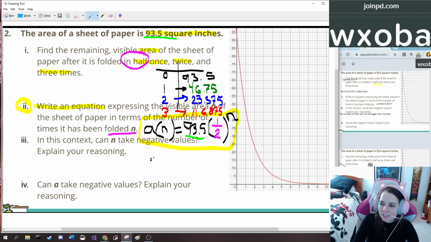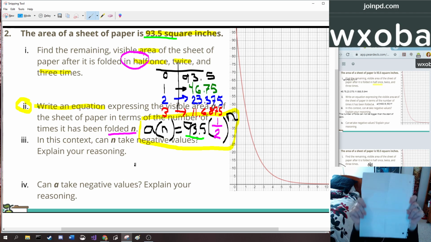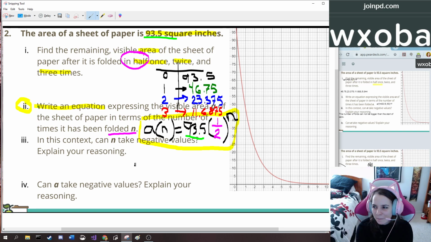So if n represents the number of folds, can n take negative values? What would a negative fold look like? When n is 0, that means I didn't fold the paper. How would I negative fold this paper? You can't. That doesn't make sense.